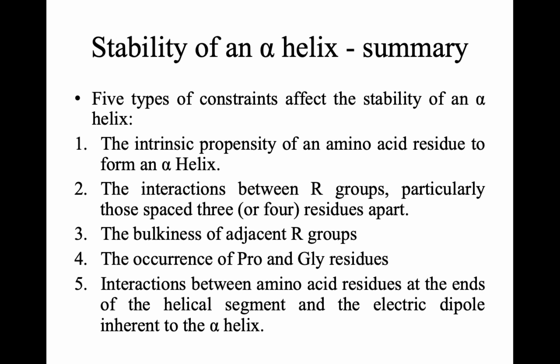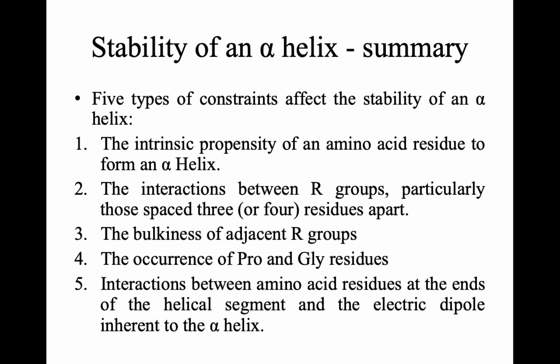So the stability of the alpha helix is affected by five types of constraints. One is the intrinsic propensity of the amino acid residue to form an alpha helix. Some amino acids do not have any propensity to form the alpha helix. Apart from that, the interaction between the side chains or R groups, particularly those spaced three residues apart, as we discussed, the hydrophobic and ionic interactions, also stabilizes the alpha helix in some way.